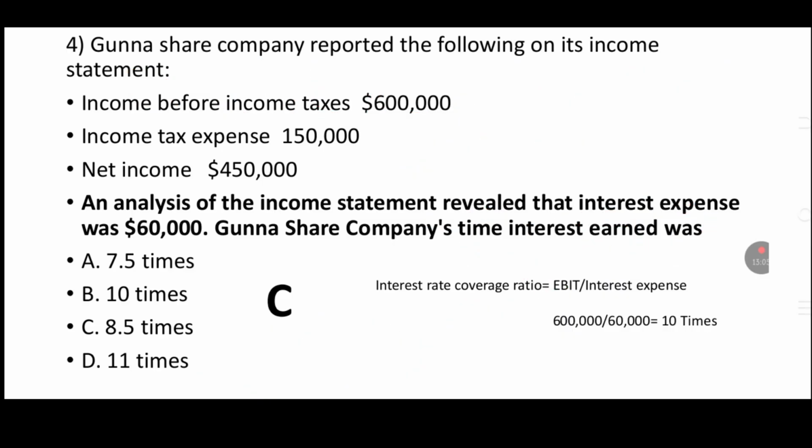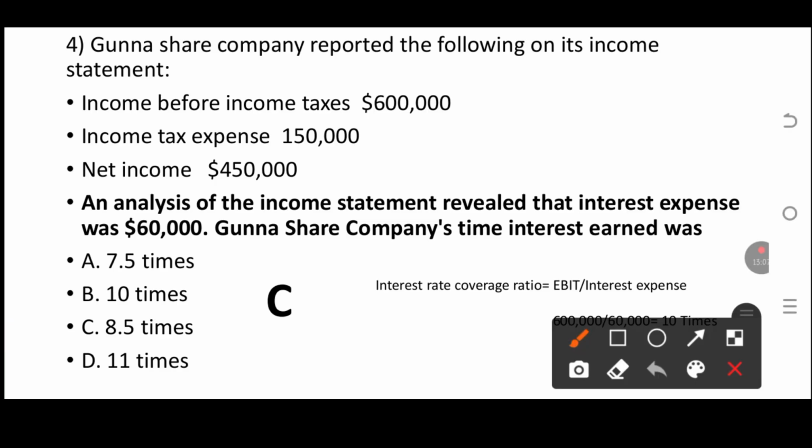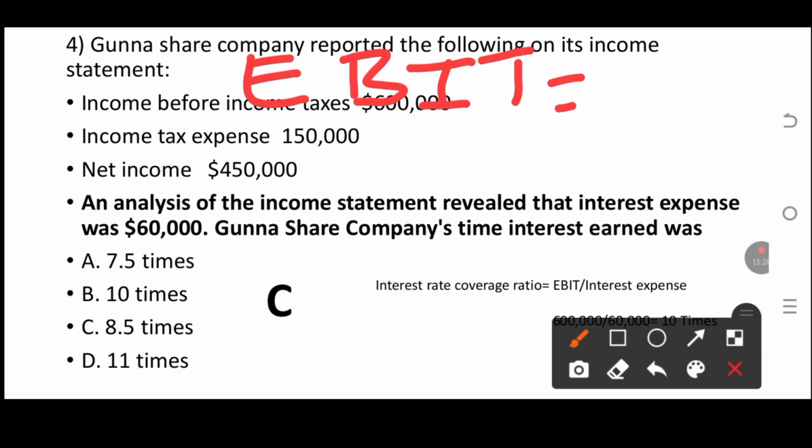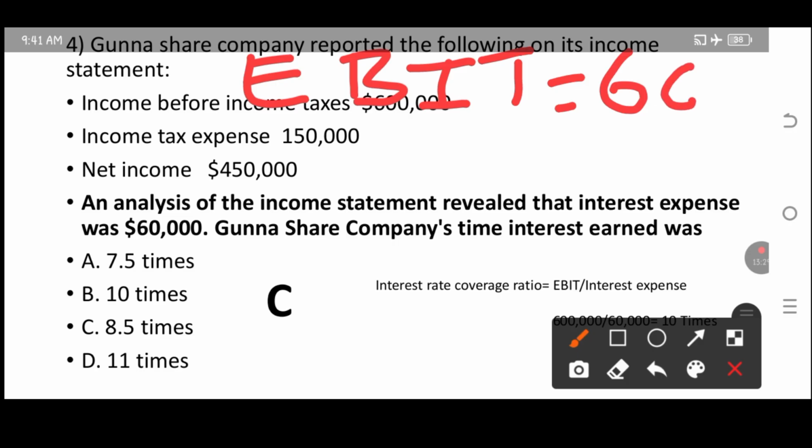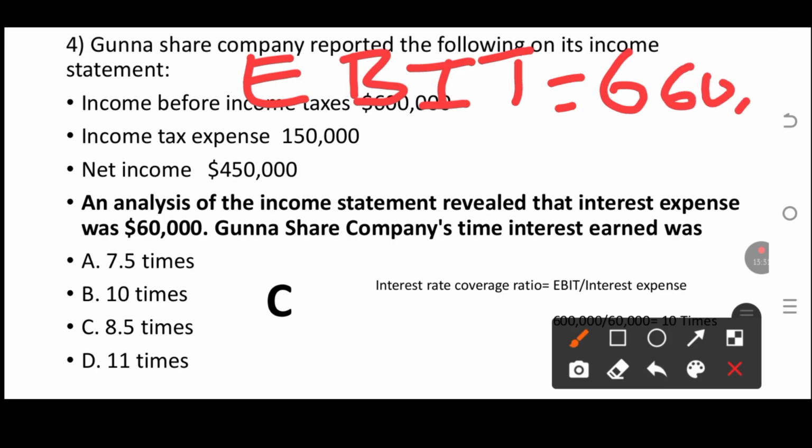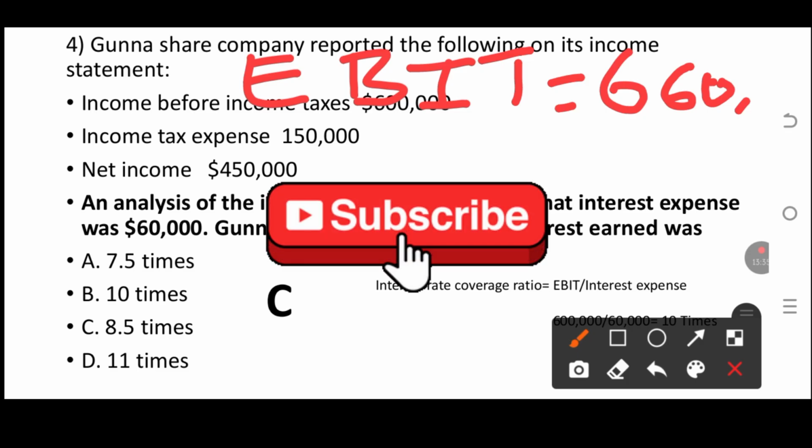For the next step, we will calculate times interest earned. We have got earnings before interest and tax equal to $660,000.